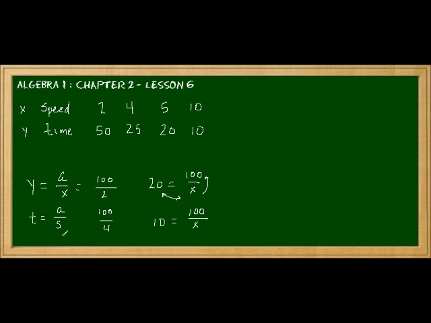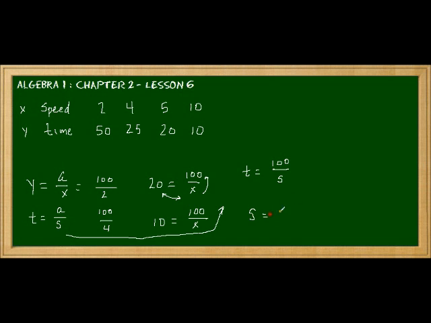I want to bring this all the way over to the other side of this board and work with that. If we were to say then using t is equal to 100 divided by s, okay? Now we also know that we can represent speed. What if it were s?